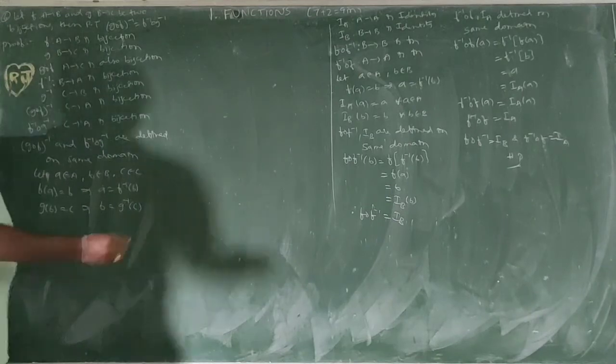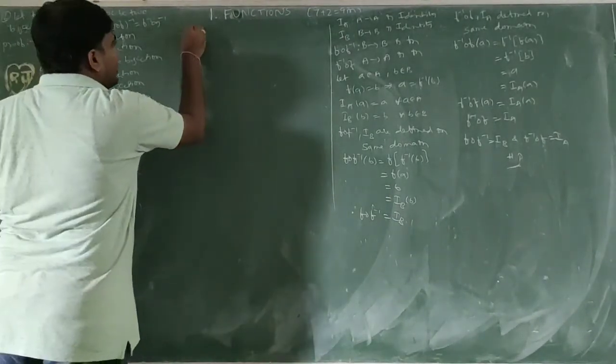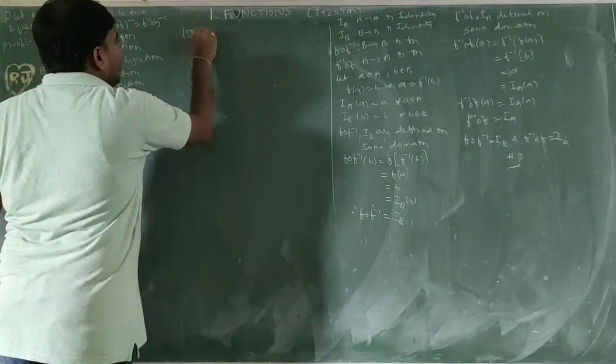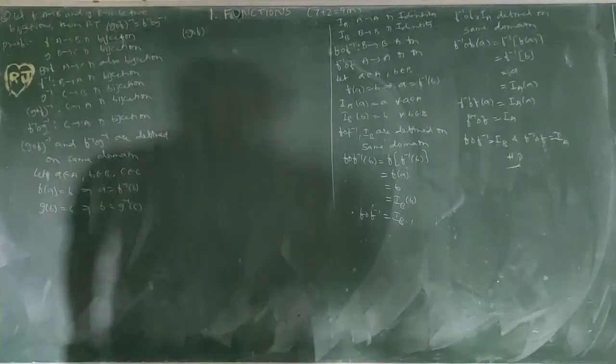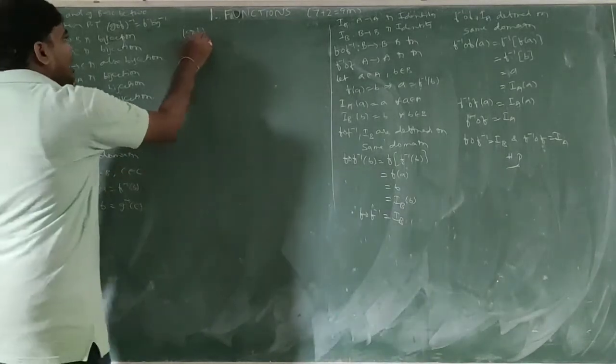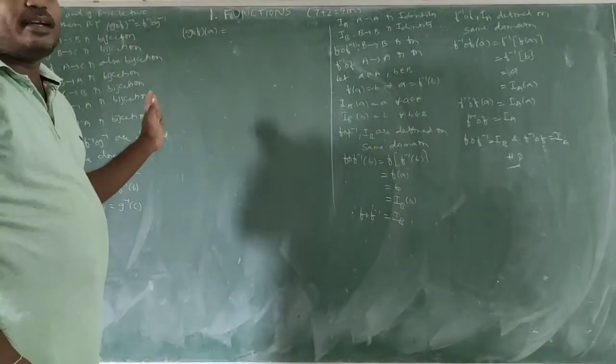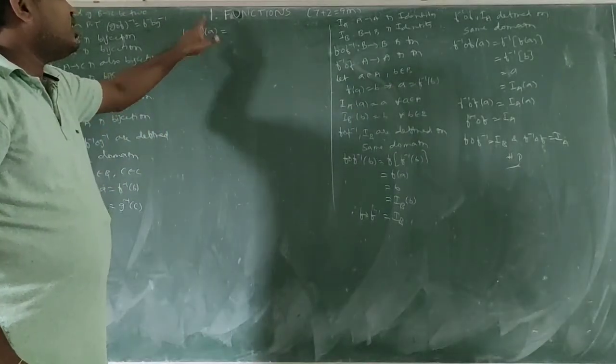Now, before doing (G circle F) whole inverse, I want to take G circle F first. G circle F maps A to C. I won't get (G circle F) whole inverse directly, that's why I am taking G circle F of a.